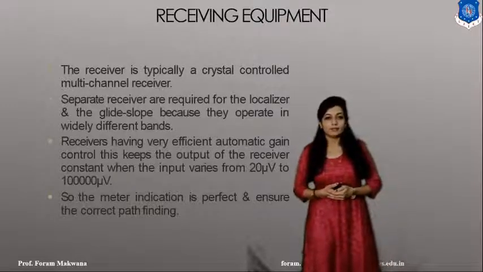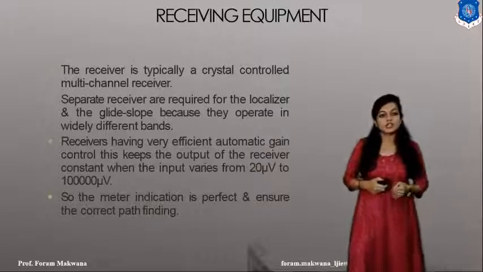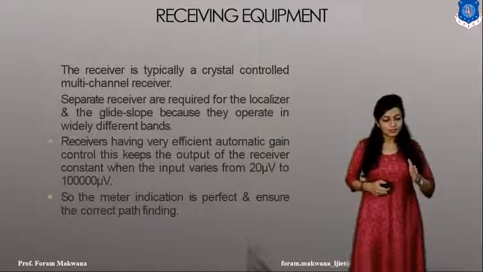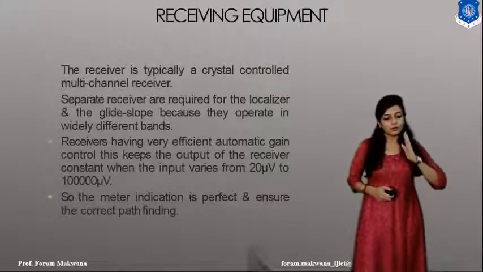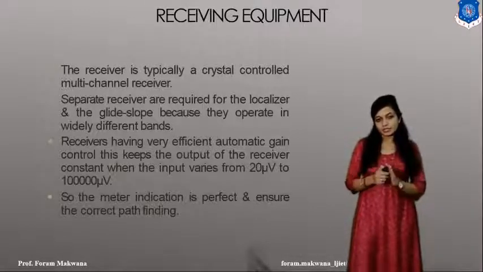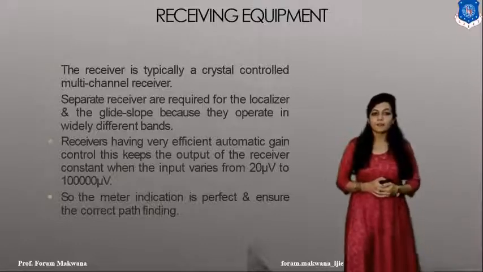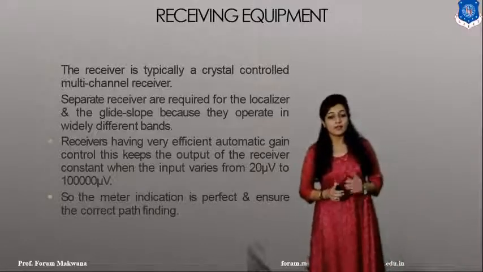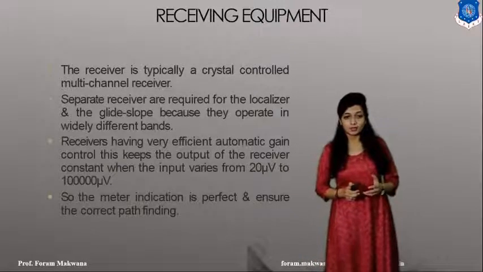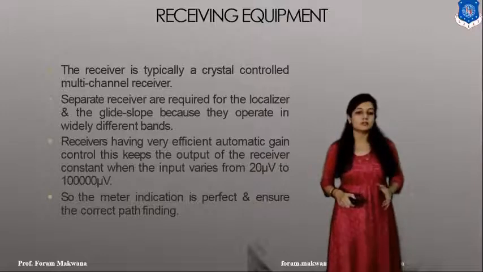Receiving equipment. Receiver is typically a crystal controlled multi-channel receiver. Right? Separate receivers are required for localizer and the glide slope because they operate in widely different bands. Right? So the receivers have a very efficient automatic gain control, which keeps the output of the receiver constant. Right?